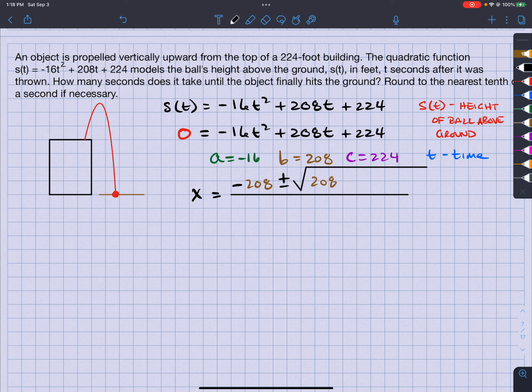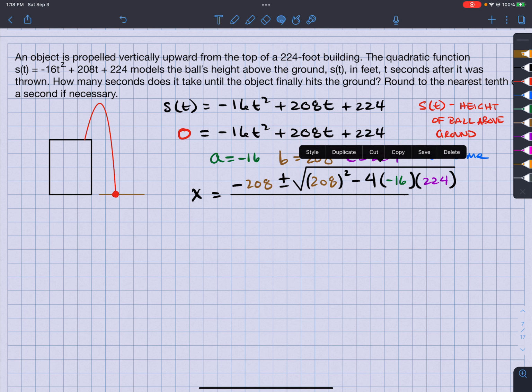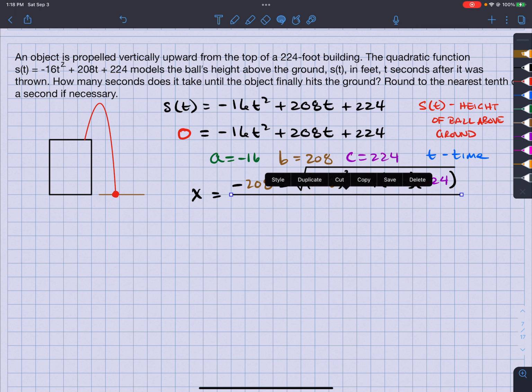Actually, I probably should show you guys this, use parentheses, minus 4 times A, negative 16, times C, all over 2 times A.